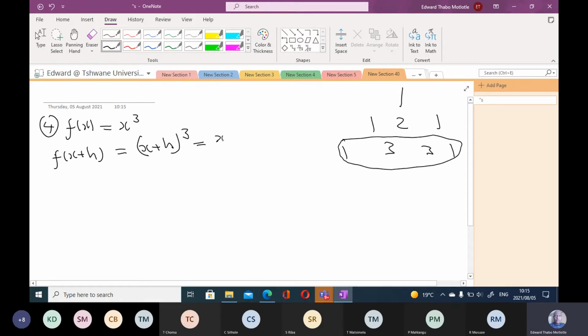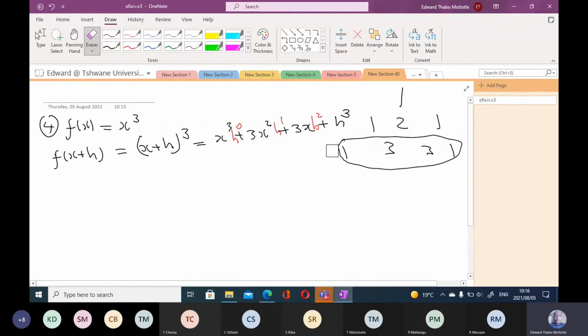So this will be x to the power 3 plus 3x squared, you can see that the power of x is decreasing, plus 3x, plus h to the power 3. I left h intentionally. You can clearly see that here we'll have h to the power 0, h to the power 1, h to the power 2, so h is increasing and x is decreasing.